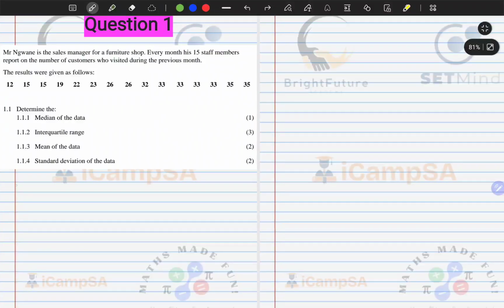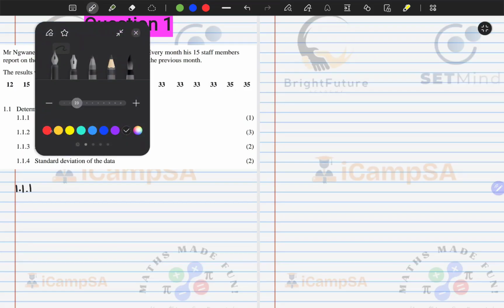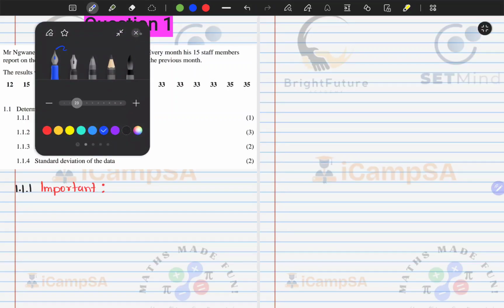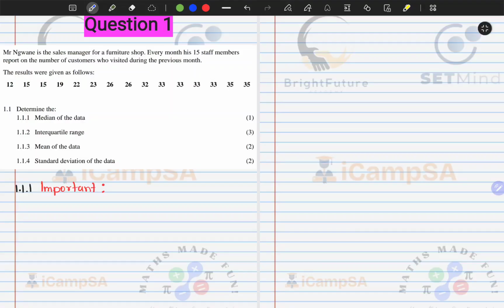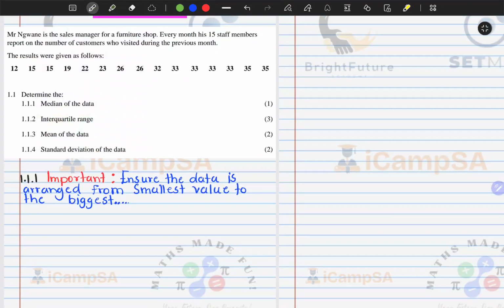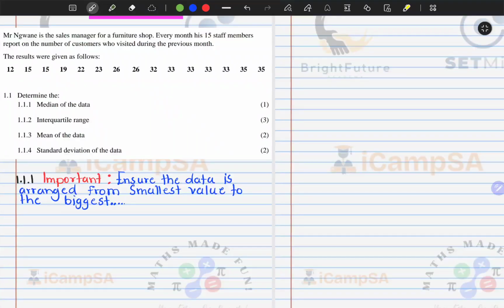For 1.1.1, let's quickly rewrite the data. We have important checks that we need to always do before we start working. What is important is to ensure that the data is arranged from the smallest to the biggest. In this case, if you observe carefully, that has been done. So I'm just quickly going to write down the numbers again.